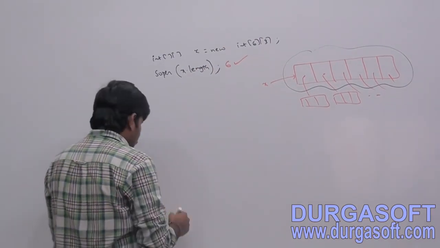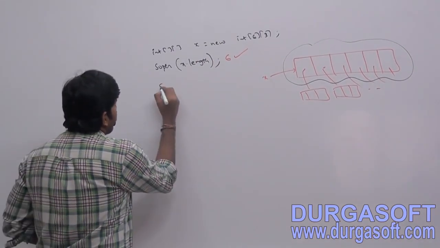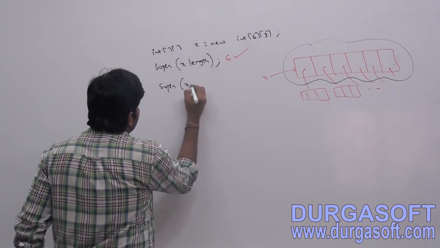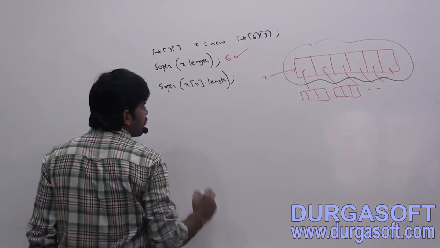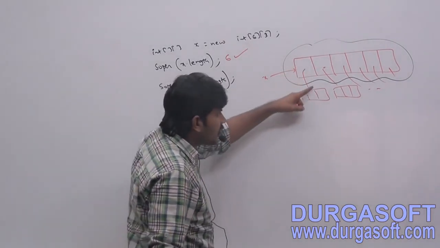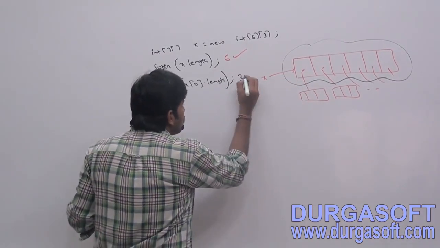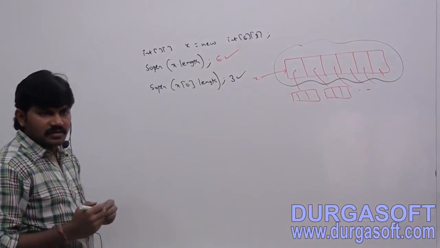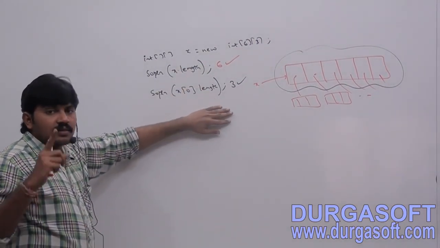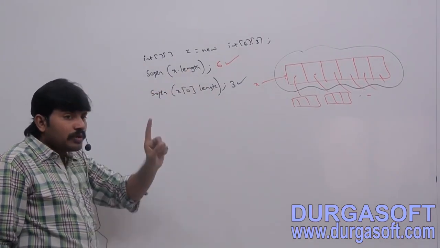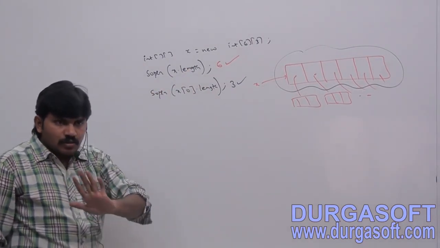Sir, if I take SOP of x of 0 dot length, what answer will we get by default? x of 0 dot length is 3. So in multi-dimensional arrays, the length variable represents only the base size but not the total size.